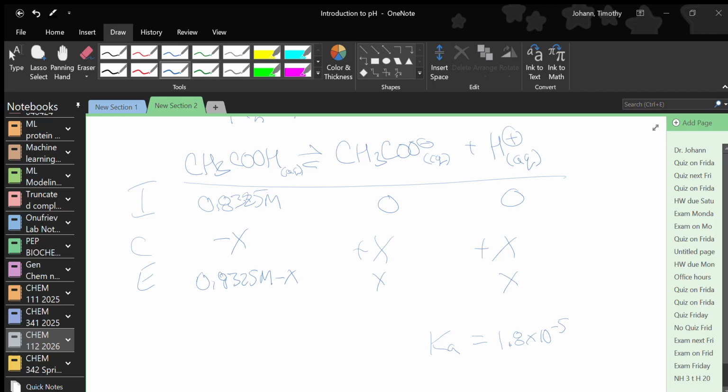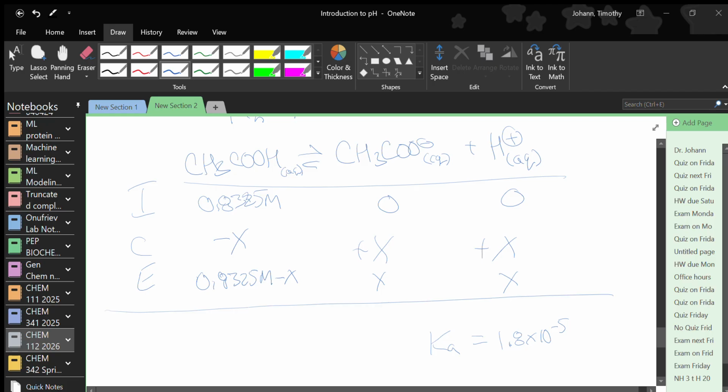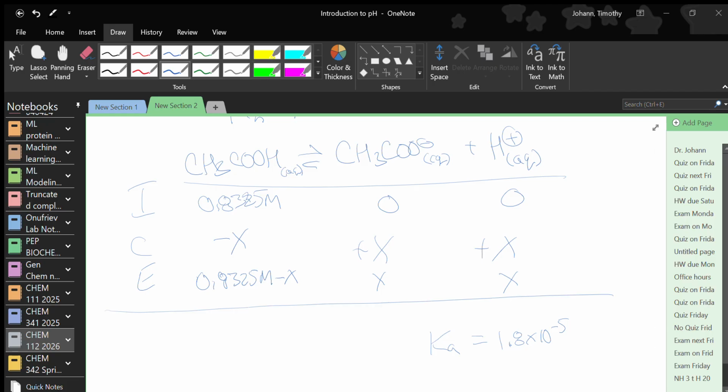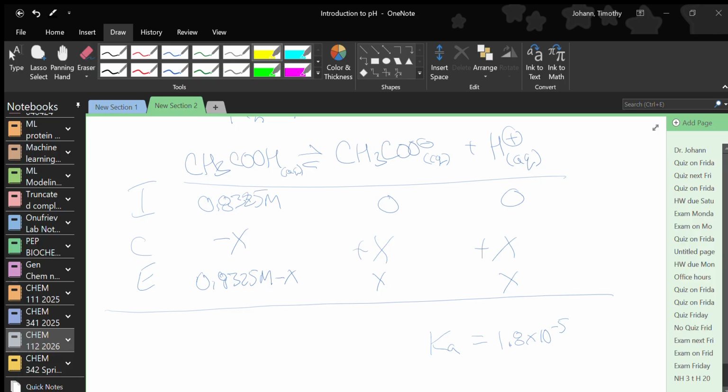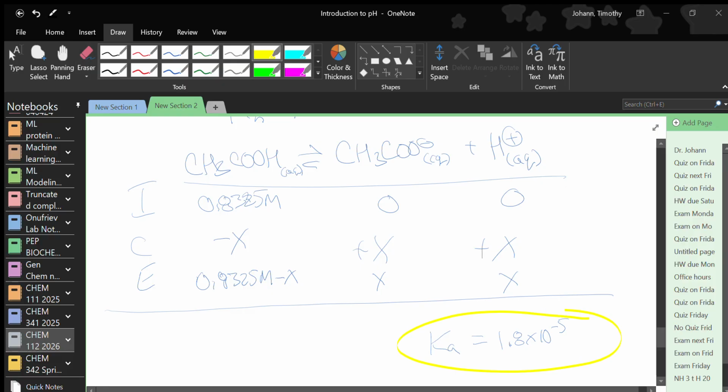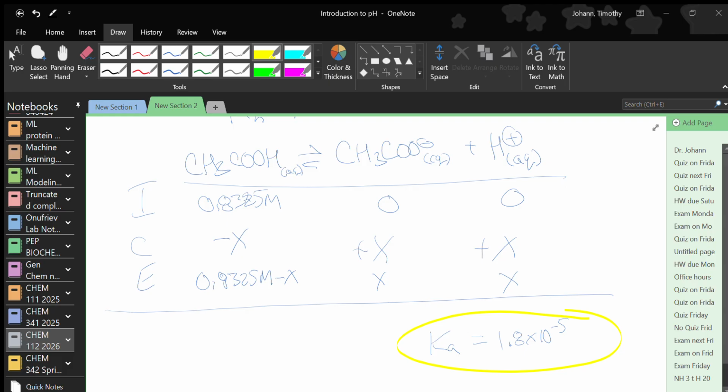Now we've already talked about how much we all hate the quadratic formula, right? Maybe you all don't hate it. Maybe some of you love it, and I apologize for disparaging your quadratic formula, buddy. But I don't like it, and so I'm happy to see that I've got a really small equilibrium constant here. So what that means is I'm not going to make much of these, but I'm still going to make some, so I have to keep those, right?